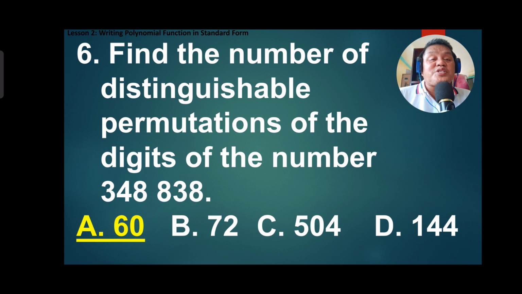So we have distinguishable permutation. This is 6 factorial over 3 factorial times 2 factorial. So the possible answer here is A, 60.